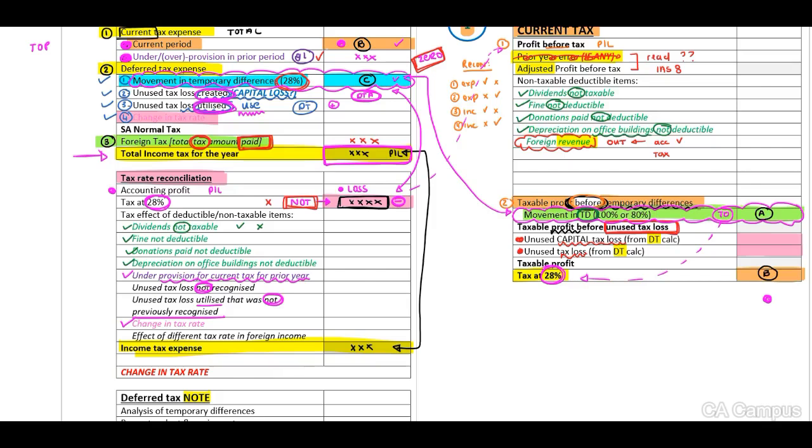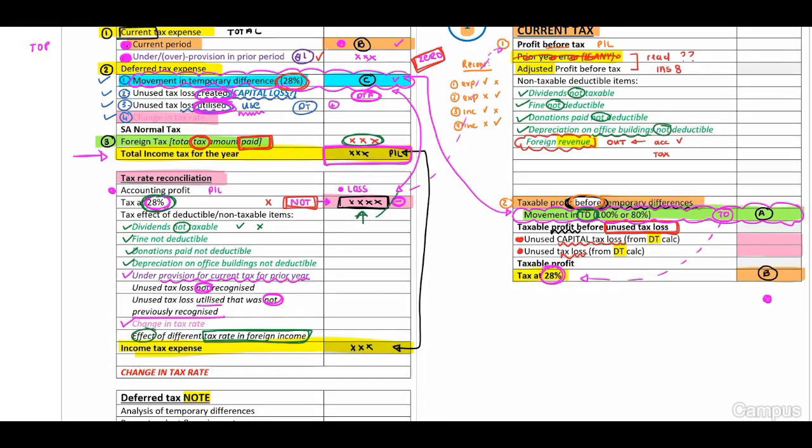Then, foreign tax. We have our foreign tax. When you look at this again, guys, we have the tax amount included at the top. Okay? But at the bottom, the effect of the different tax rate on our foreign income. Why? Because we include this at 28% in our accounting profit.